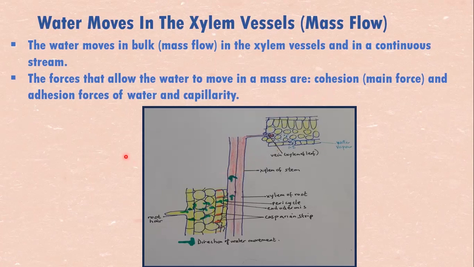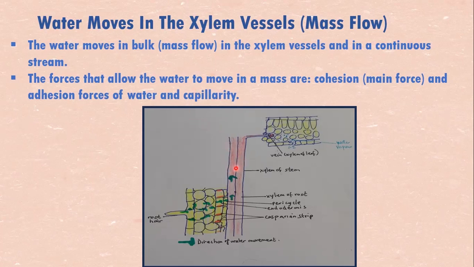Then there's also adhesion forces. Water molecules stick to the surfaces of the xylem vessels, and these strong forces also keep the water together in mass. And then also capillarity.